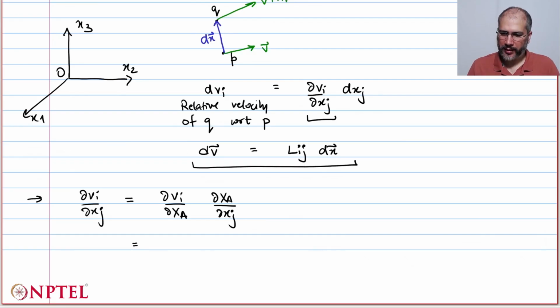So we assume that the material time derivative, that is d by dt, and the material gradients commute. So this Vi can be written as d by dt of xi. So I take the d by dt outside. So this becomes del xi upon del capital XA times del capital XA upon del small xj.